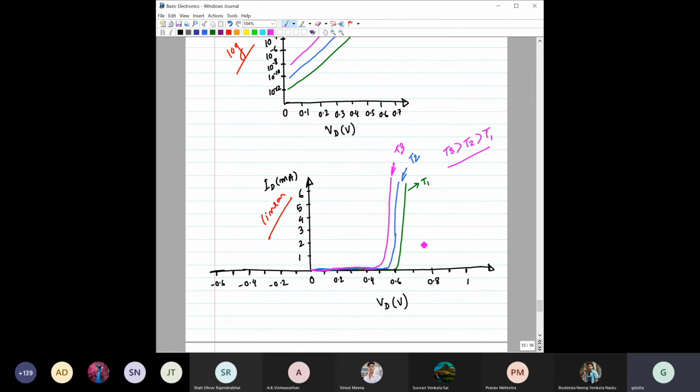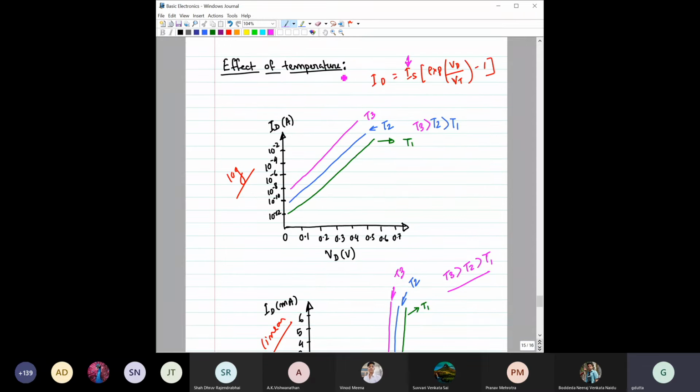Now here please remember one thing, that this reverse bias current or reverse saturation current, this IS, I will write it.